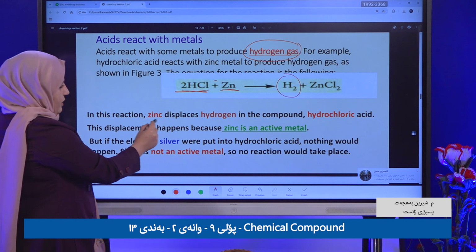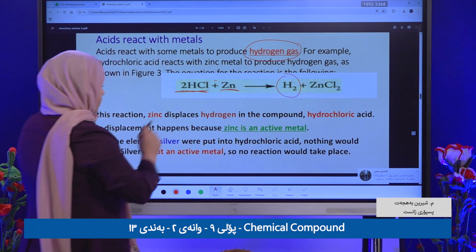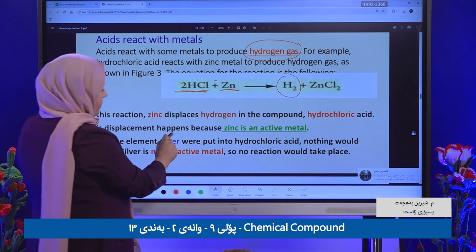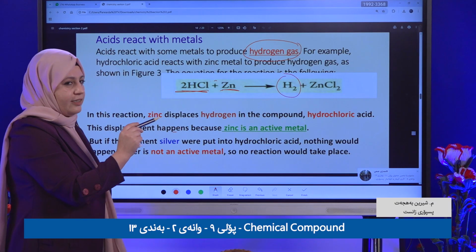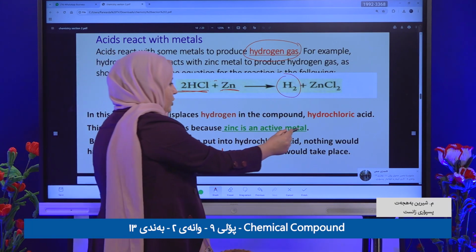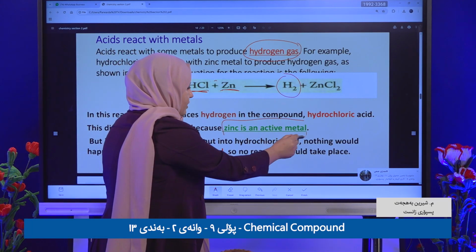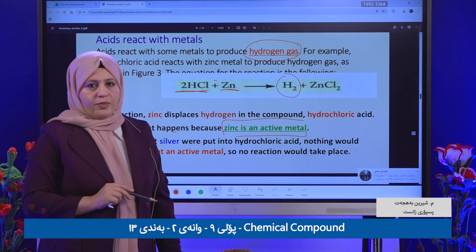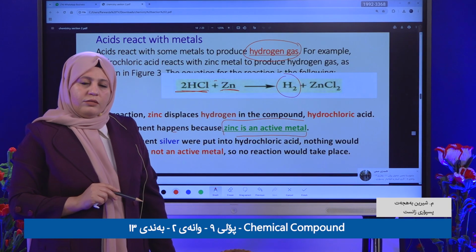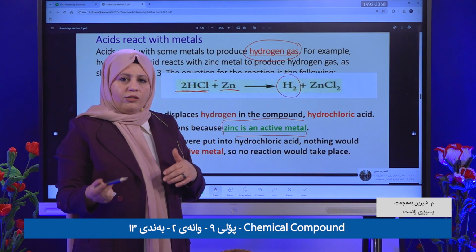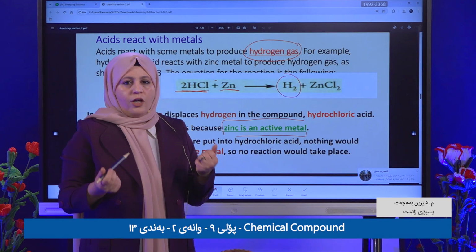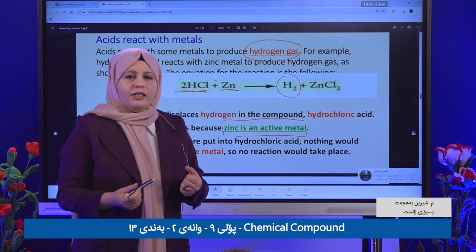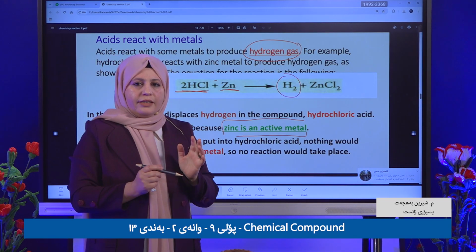In this reaction, zinc displaces hydrogen. This displacement happened because of what? Why? Because zinc is what? It's an active metal. So we have active metals and non-active metals, of course. Only active metals react with acid, get it?